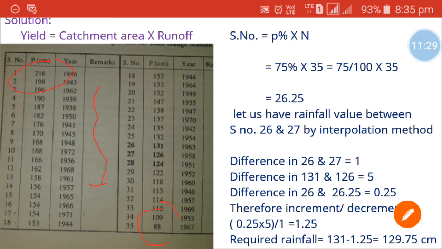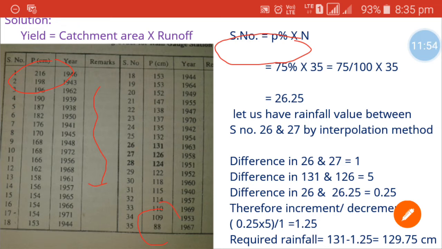After writing all these, we have to write down the serial number for these data arranged in descending order. Now, what is the next step? A formula is used to find the serial number corresponding to 75% dependability. Serial number is equal to dependability percentage into n.